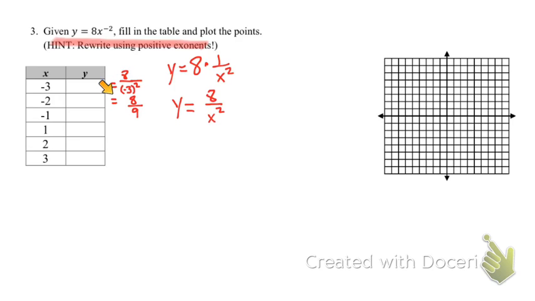Okay, so my answer for when I plug in -3, we get our y is equal to 8 over 9. And I'm going to put this in decimal form so it's a little bit easier to graph. So 8 divided by 9 is really just 0.88. So we are going to plot -3, 0.88.